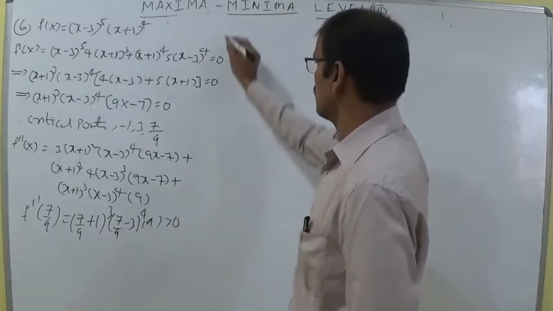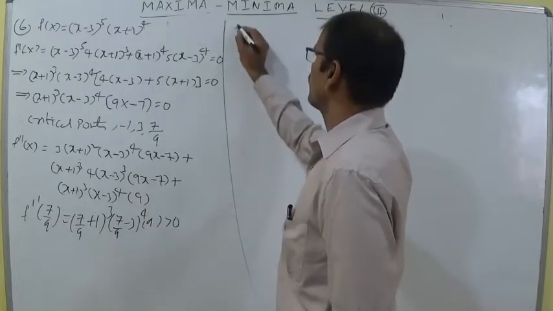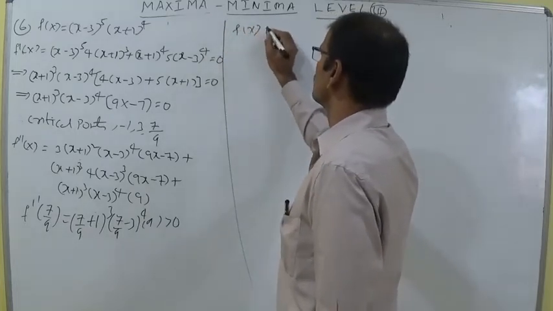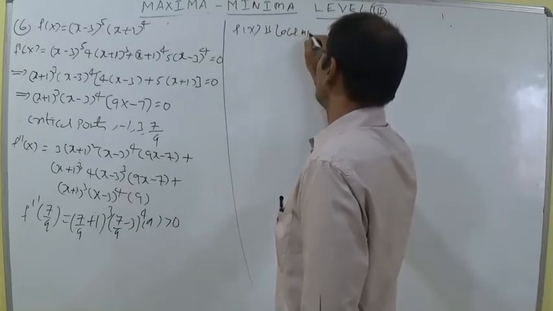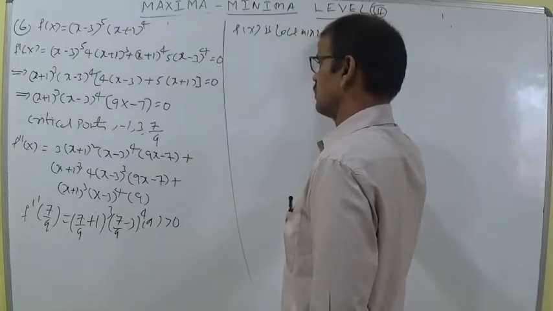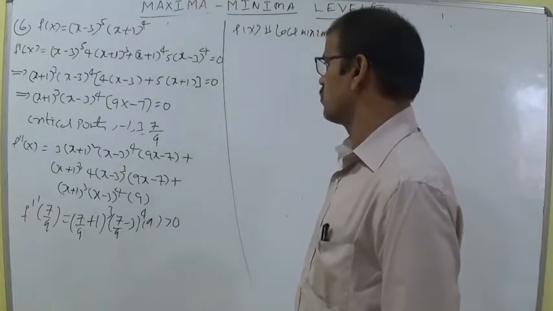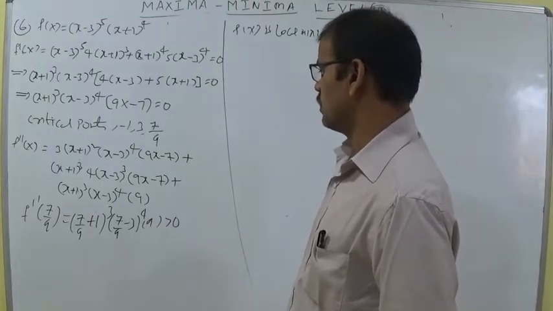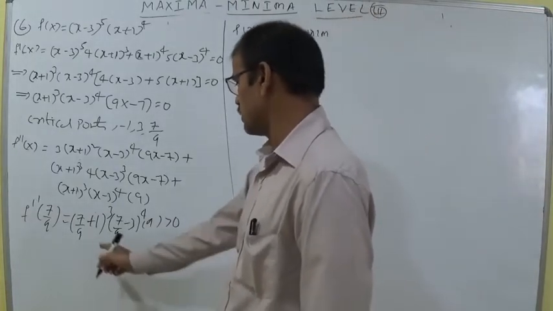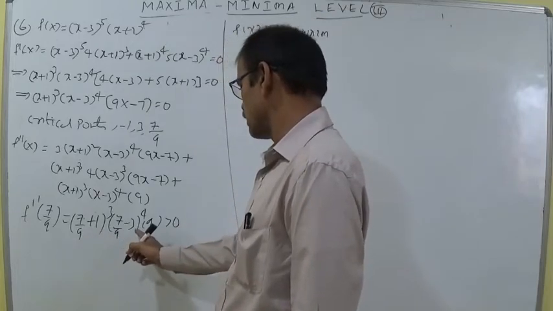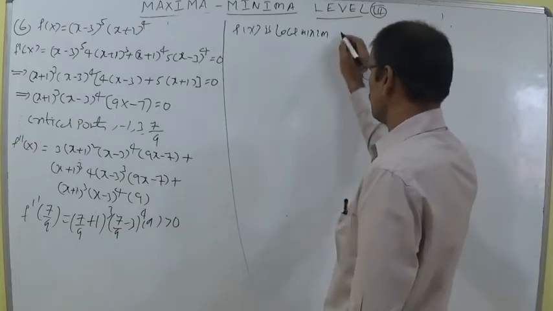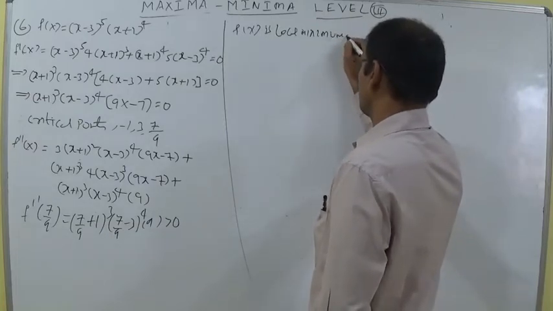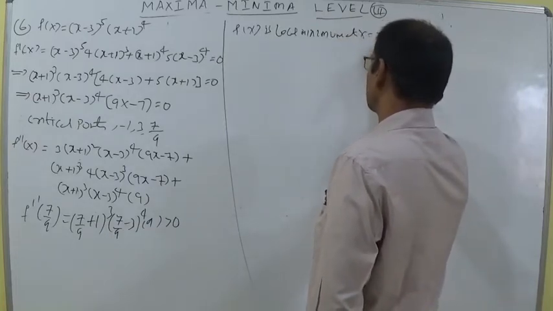So we can say that f(x) has a local minimum at x equal to 7/9. 7/9 plus 1 is positive, 7/9 minus 3 is negative but power 4 it is positive.